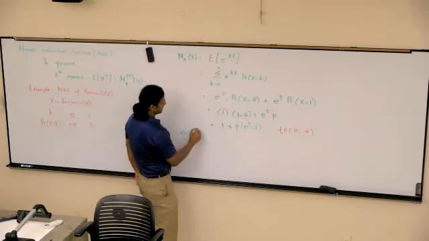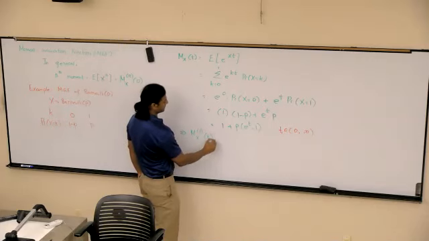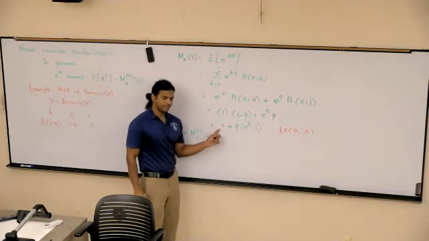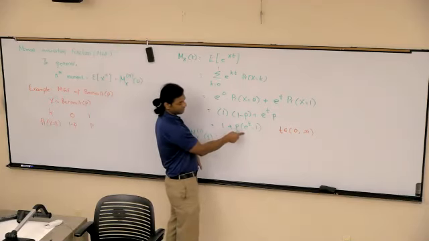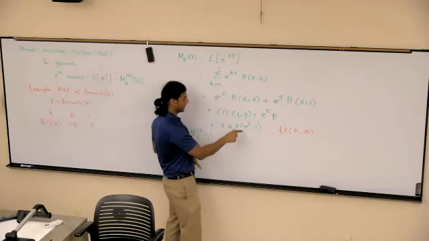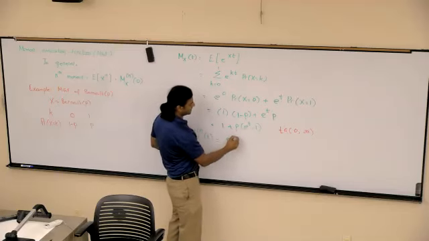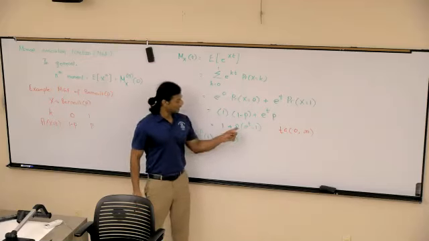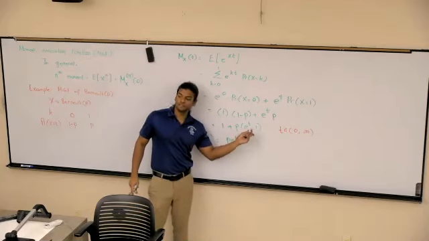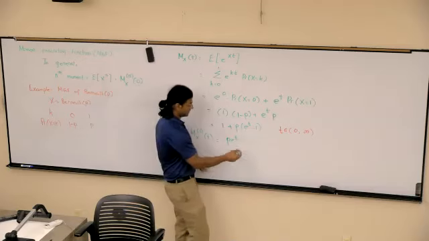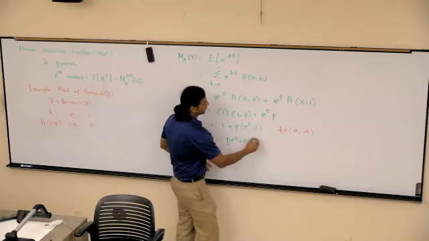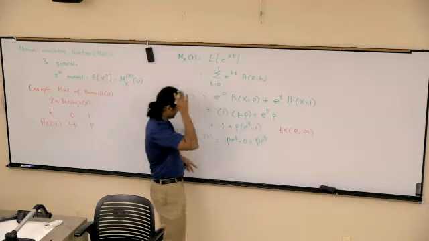So the first derivative of the moment generating function: the derivative of 1 is 0, the derivative of p times e raised to t with respect to t is p e raised to t, and the derivative of negative p is just 0. So we will have p e raised to t.